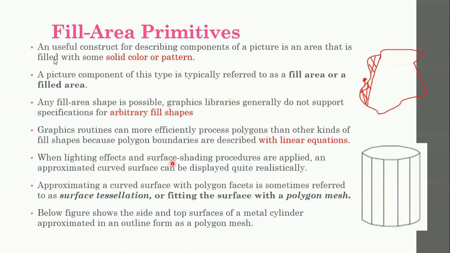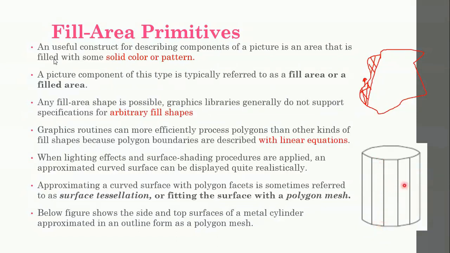When lighting effects or surface shading procedures are applied, the approximated curved surface can be displayed quite realistically. Suppose you have a cylinder constructed using polygons. Here you have a rectangle, which is one of the polygons.